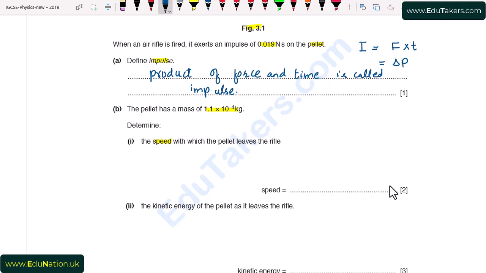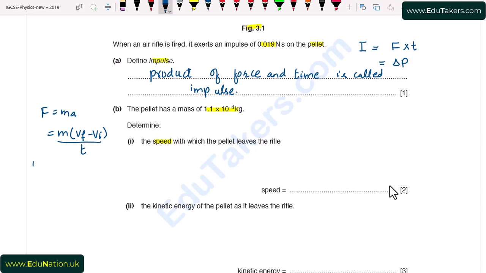So according to Newton's second law, F is equal to ma, and we know that acceleration is equal to change in speed per unit time. So I write here m times (Vf minus Vi) over t. Vf minus Vi over t is actually equal to acceleration.